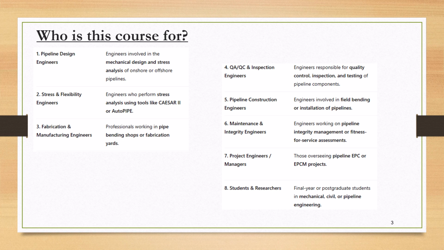Next, project engineers and managers overseeing pipeline EPC or EPCM projects. And finally, students and researchers who are final year or post-graduation students in mechanical, civil or pipeline engineering. They also will be able to understand the basics of pipeline bend thinning if they undertake this course.